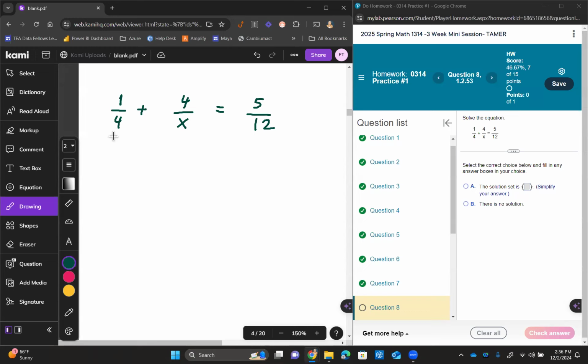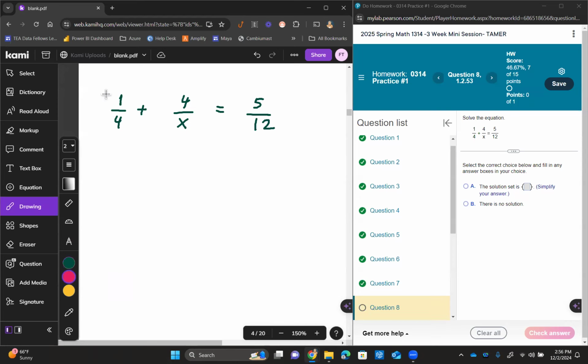is in the denominator, and I can still do it with the least common multiple, but it will be kind of awkward. So instead, I'm just going to change this fraction to an equivalent fraction with a denominator of 12. 1/4 is the exact same fraction as 3 out of 12 because I can multiply the top and bottom by 3.